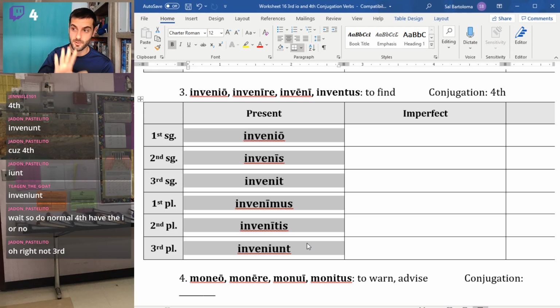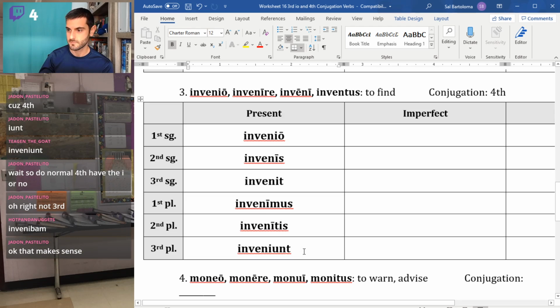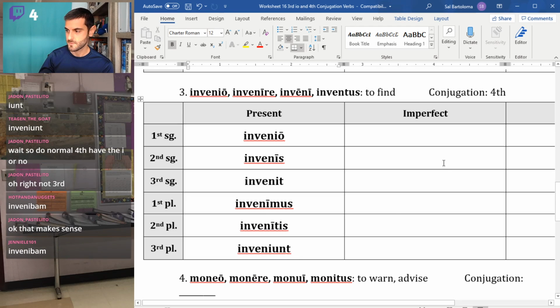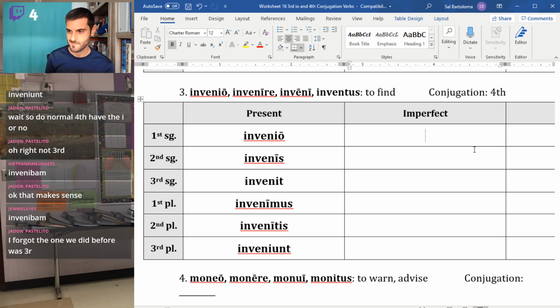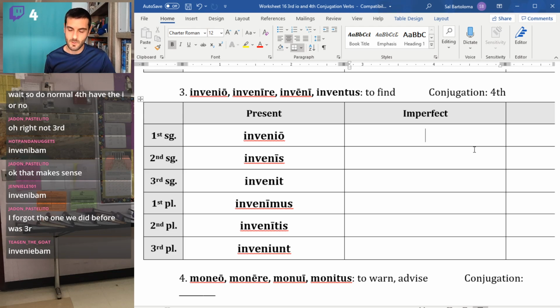Yeah, not third. Third would just be unt. Oh, you're close. You guys in the chat, you're very close. Before the bam, right, bas, bat, you never just have it. There we go.